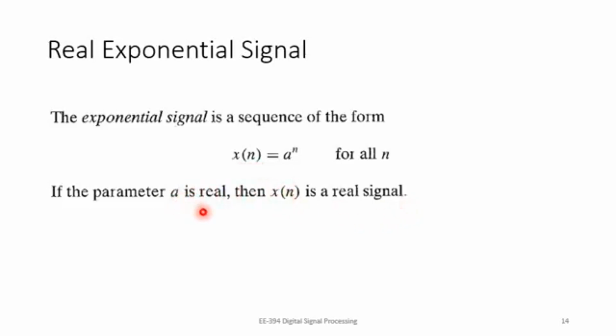If a happens to be a complex number, then your exponential signal will be a complex exponential signal. But regardless of whether it's a real exponential or a complex exponential, the form of a discrete time exponential signal will be a raised to power n. And if a is real, as I indicated, then x of n will be a real signal.